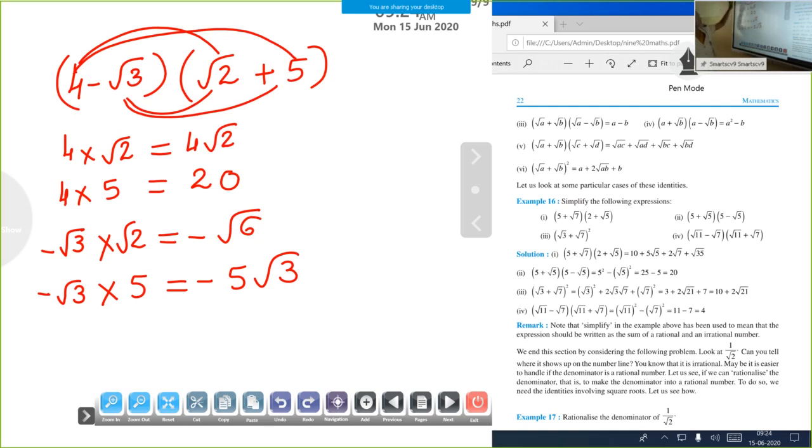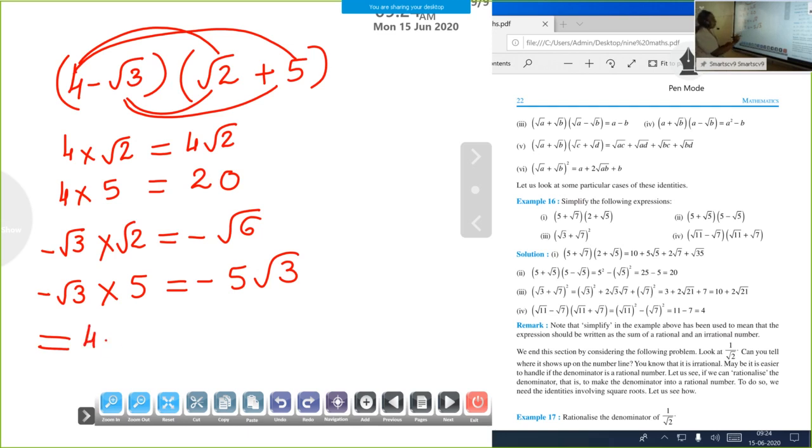These are the 4 terms. First, 4 into root 2. Next, 4 into 5. Both are positive. Second, minus root 3 into root 2 is minus root 6, and the last term, minus root 3 into 5 is minus 5 root 3. What is the final answer? You write all the 4 terms together.